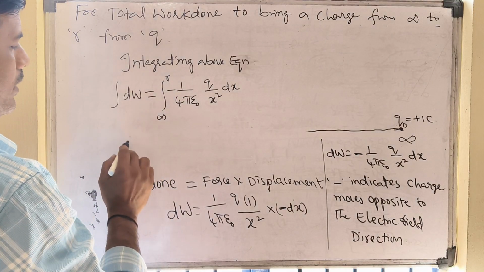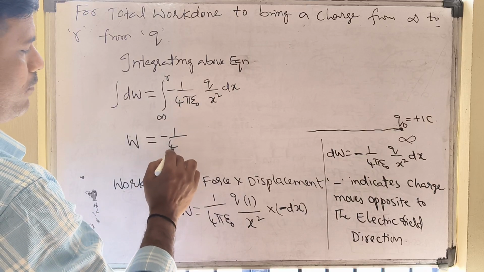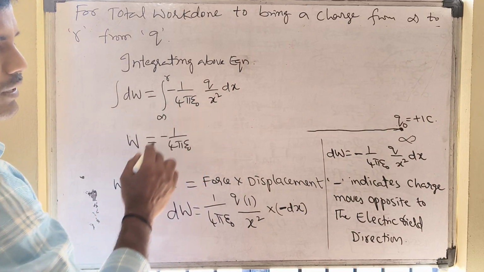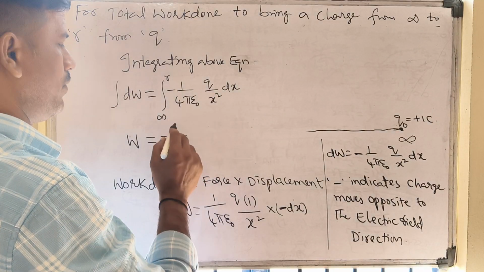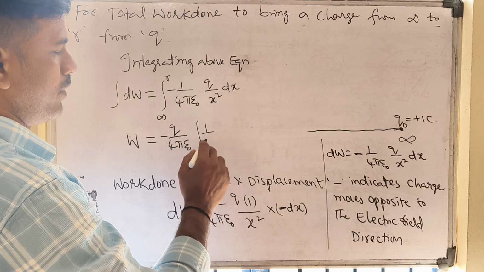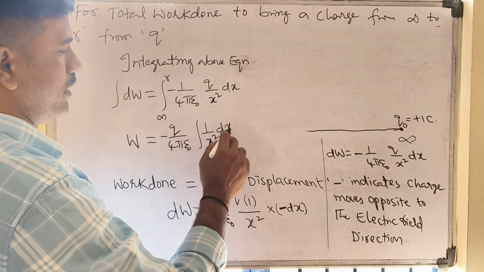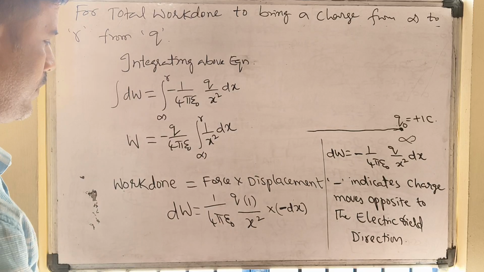Now integrating dW gives W. Minus 1 by 4 pi epsilon naught is a constant, the proportionality constant. Q moves to the front, so Q also comes out. So the integration of 1 by x square into dx, with limits infinity to r.